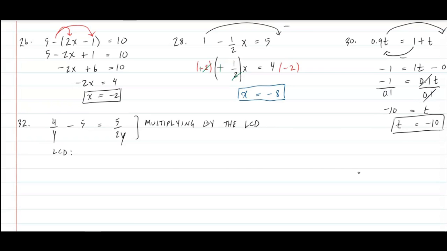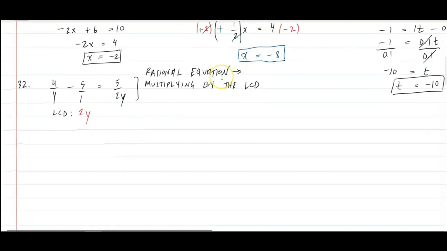And the name of this equation is actually a rational equation. One of the best ways to solve a rational equation is to multiply by the LCD. So now the question is, what is the LCD? We've got a y, we've got a 1, and we've got a 2y. You should be experts with the LCD. So the LCD is 2y.